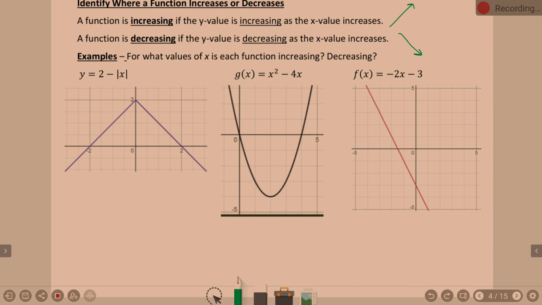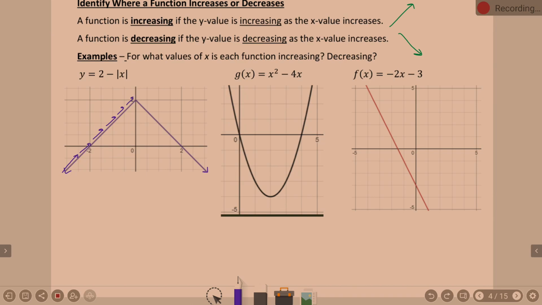So on these, we're being asked about increasing and decreasing. Let's look at this first example real quick so I can get the idea out there. I'm going to say start at the left side of your graph. If I start here and I start tracing my graph, what direction am I going? Can we agree that we're moving up? So if I'm moving up, what is that?